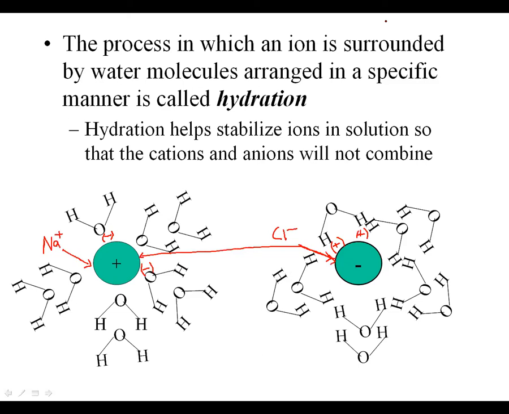That's a super strong force, which, if the waters were not there, would just automatically, like a magnet, bring them back together. And we actually do see this happen, as we did early on in the semester, when we lit the Bunsen burner, had solutions in the evaporating dish, and evaporated off the water.